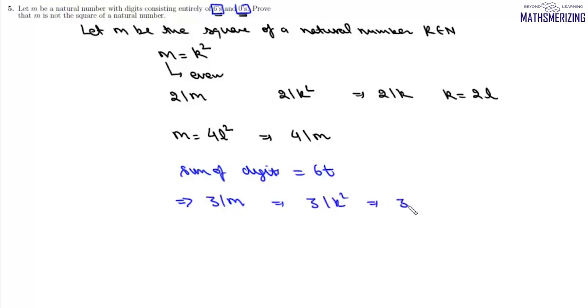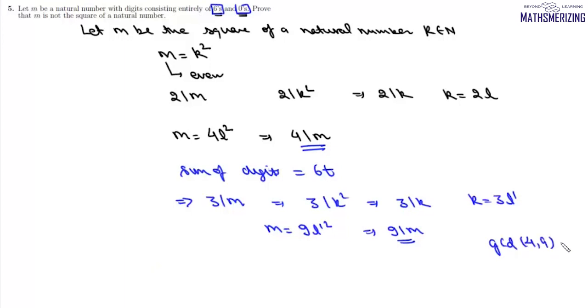It means 3 divides k. So if k is 3l', then this m will be 9l' square, that is 9 divides m. So 4 divides m and 9 divides m, and GCD of 4 and 9 is 1. So it clearly means that 36 divides m. So this m is divisible by 36.